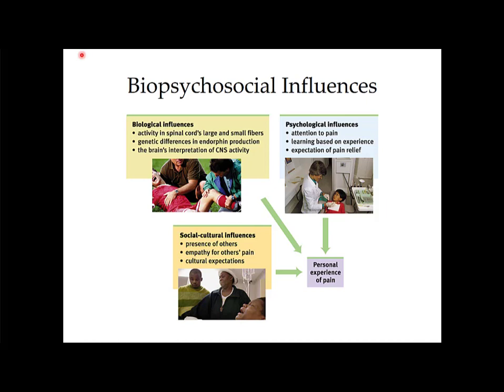Endorphins are your body's natural pain relievers. Some people produce a lot, some people produce a little bit. And some people's brain is more hyperactive when a pain signal is sent than other people's. So there are biological reasons why somebody might experience pain differently than somebody else, even if they have the same injury.